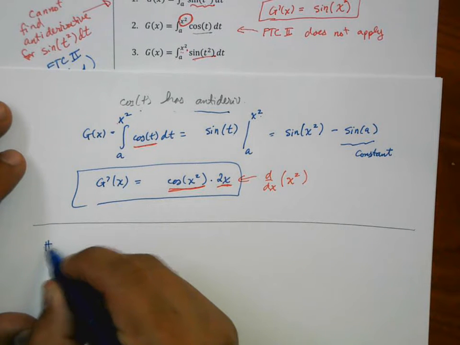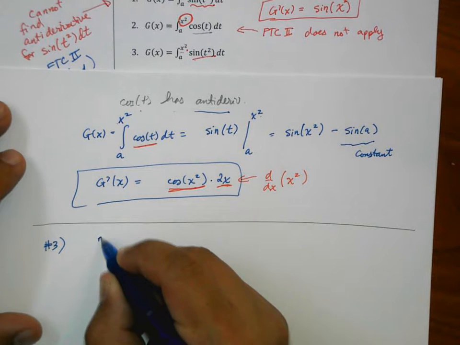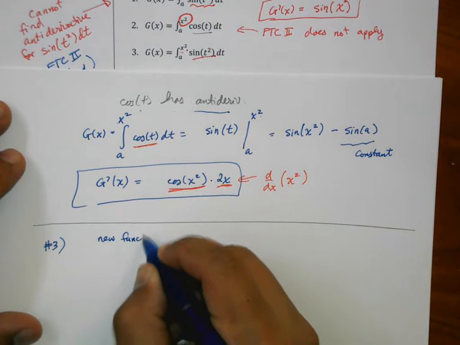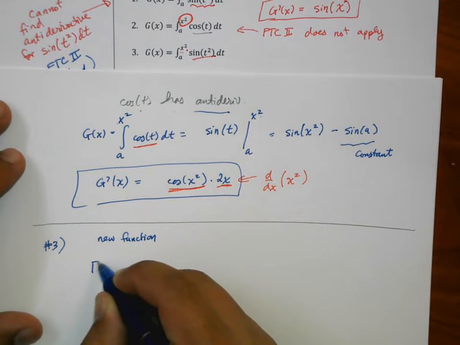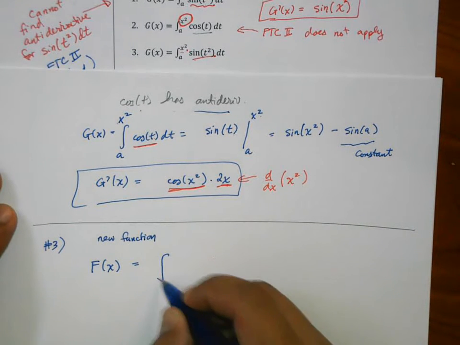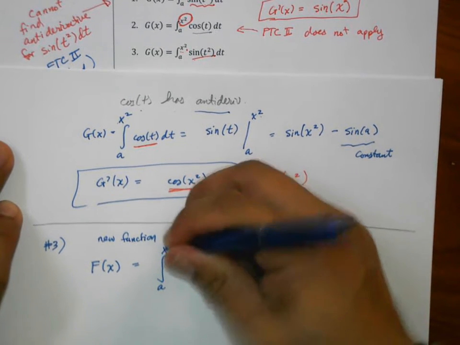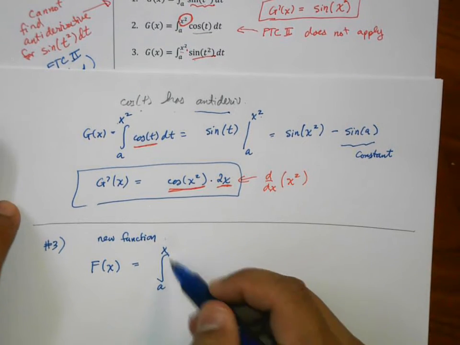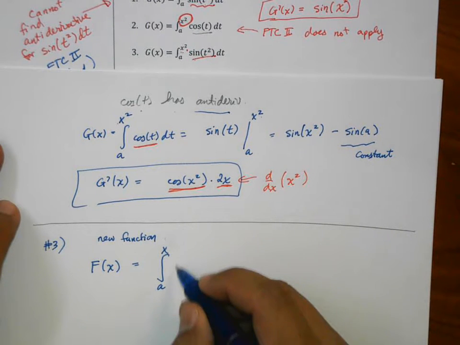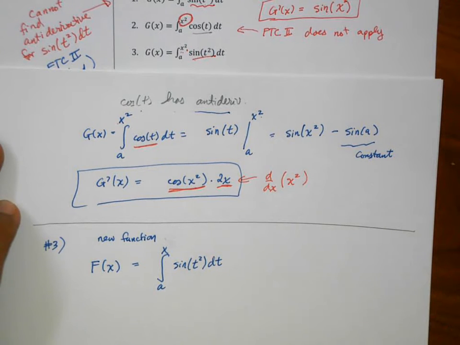So for number 3, we're going to declare another function. Make a new function. We'll call this big F. Big F of x is the same thing as g of x, except that instead of going from a to x squared, it's going to go from a to x, and we're going to use the same integrand as before.